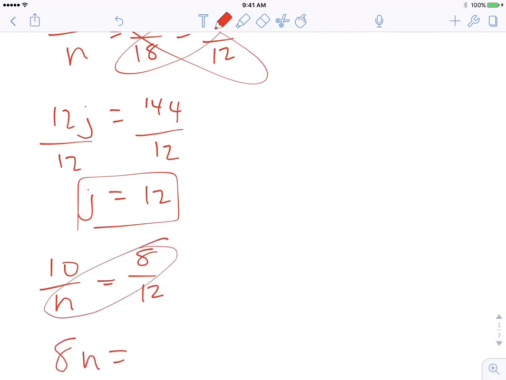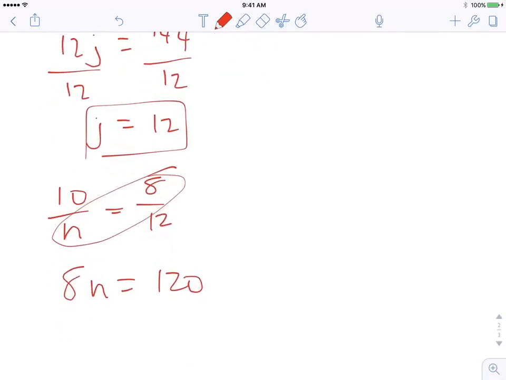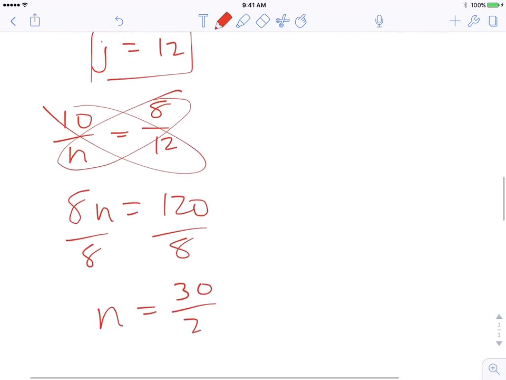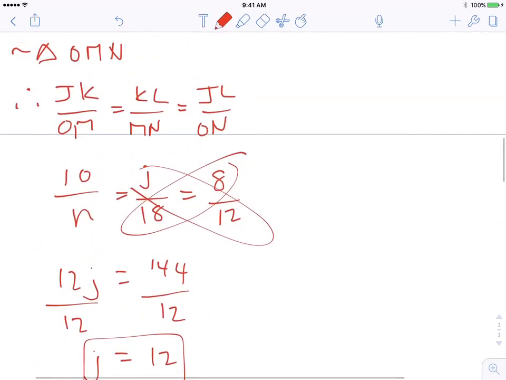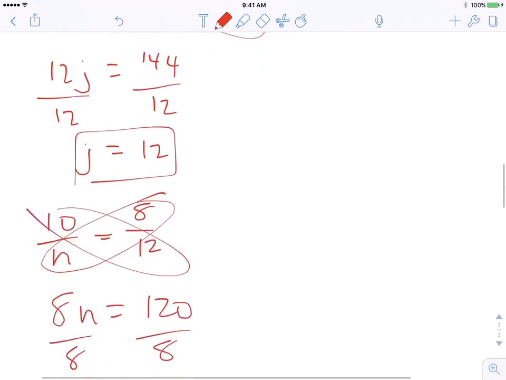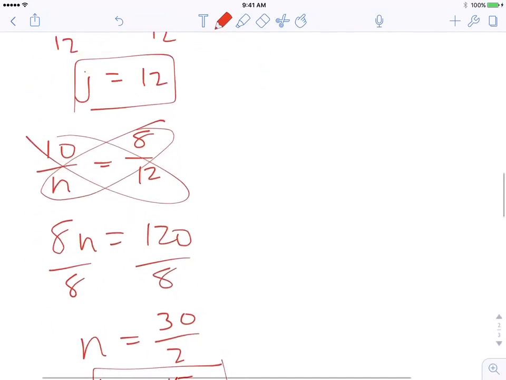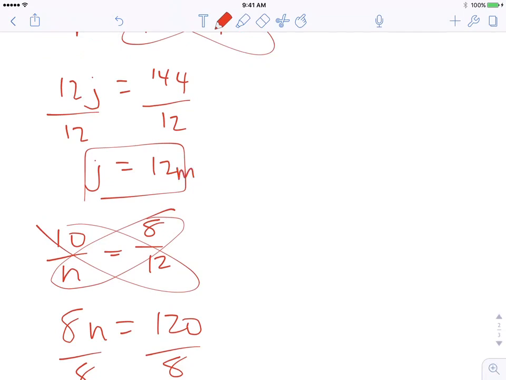So I have 8n equal 120, and then divide both sides by 8. 4 goes into 12 3 times, so that's 30. 4 goes into 30 twice, so n is going to equal 15, and I forgot to label them meters. Yes, so that would be 15 meters. That's one answer, and this would also be meters here.